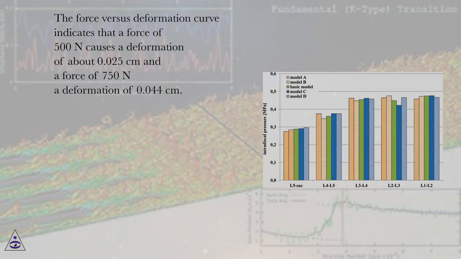The force versus deformation curve indicates that a force of 500 N causes a deformation of about 0.025 cm and a force of 750 N a deformation of 0.044 cm.